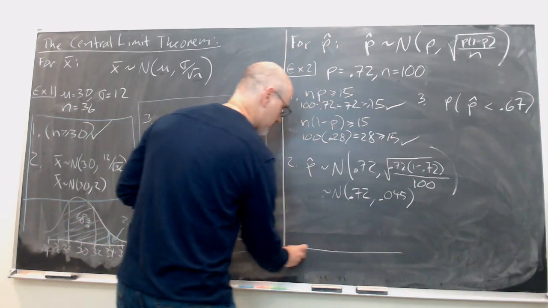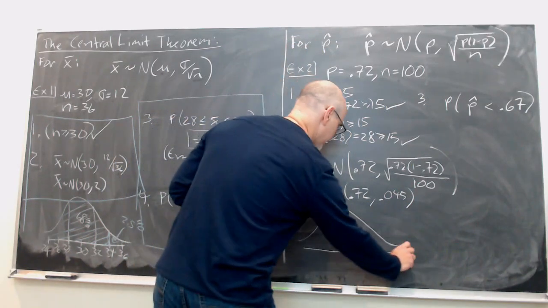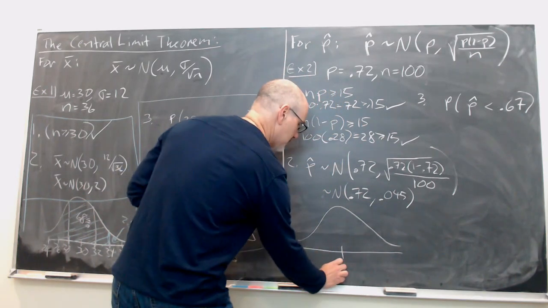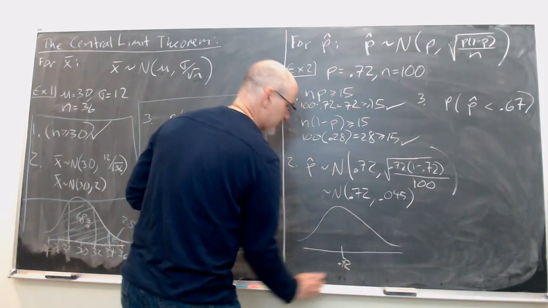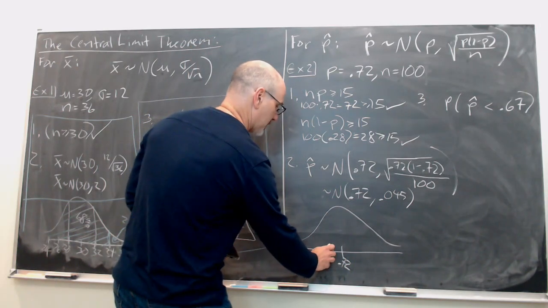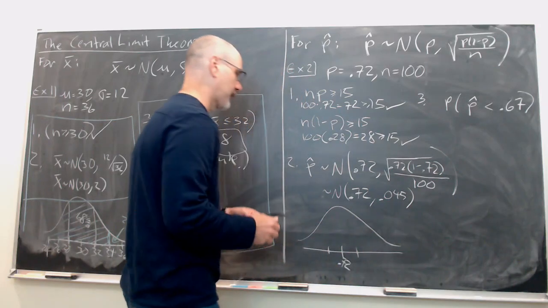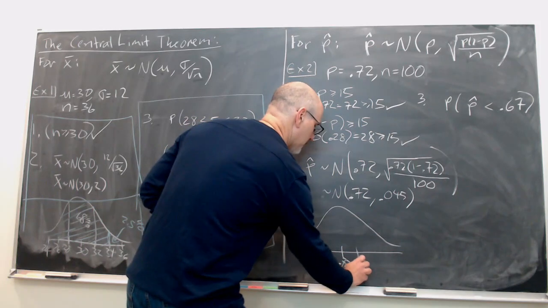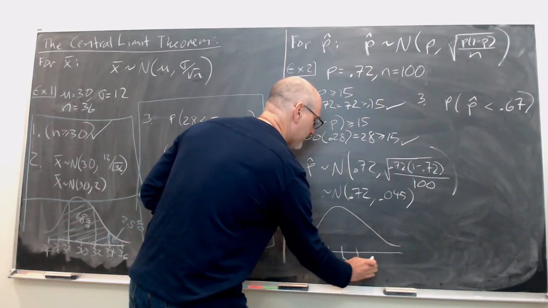So my distribution is a bell curve where the population proportion is the center, and then we would step off 0.72 minus 0.045 and plus 0.045.